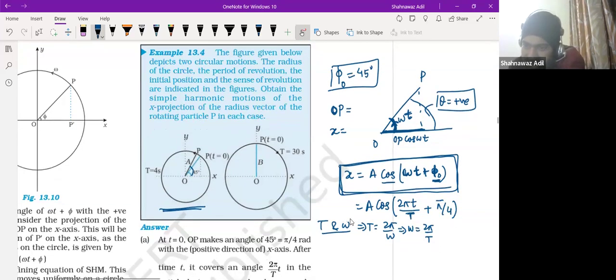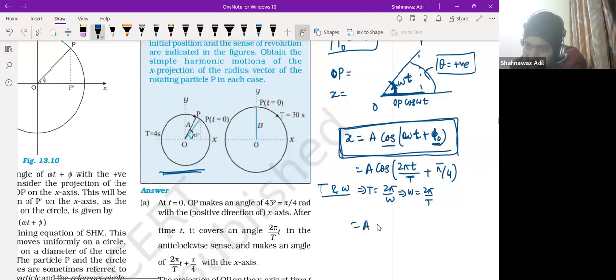So if we represent this, this would be A cos, and this T we know is 4 seconds. This is 2 pi by 4 plus pi by 4. This is pi by 2, right?